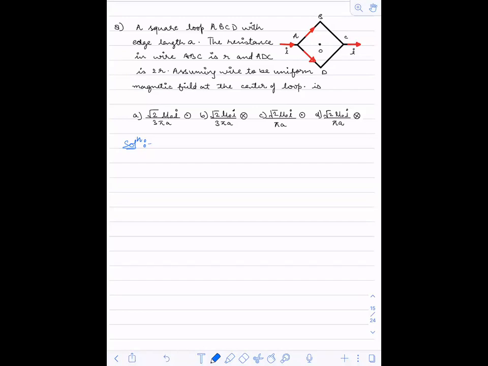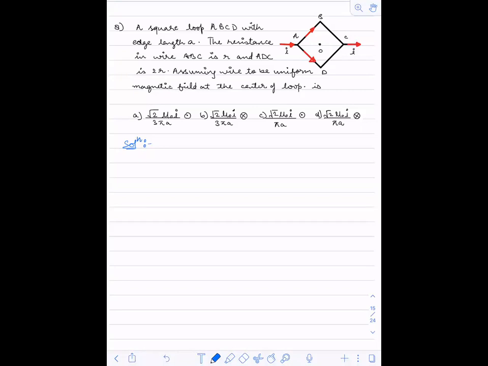If you can calculate the current values, then the question will be done. The current value is important to find out.